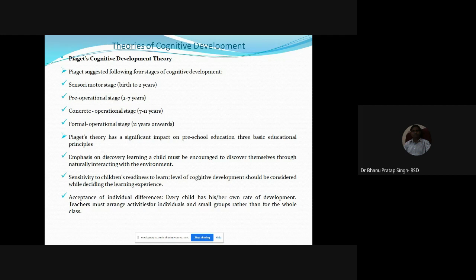So each child has his or her own rate of development, and the teacher must arrange activities for the individual, even making some small groups rather than whole classes. So these are the three basic principles of Piaget's theory, and that's why Piaget's theory has a very important role in educational psychology.